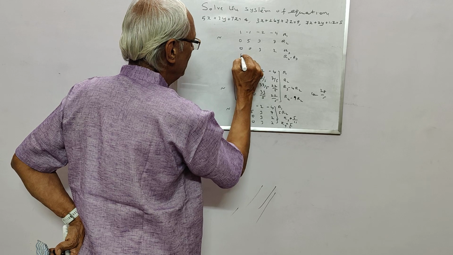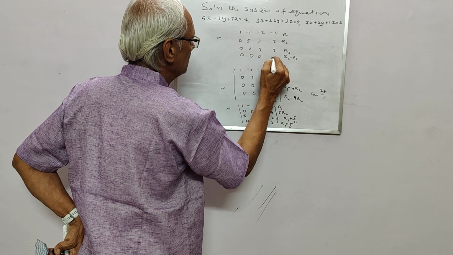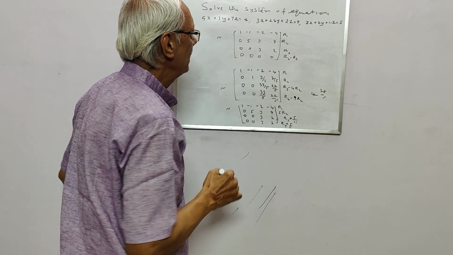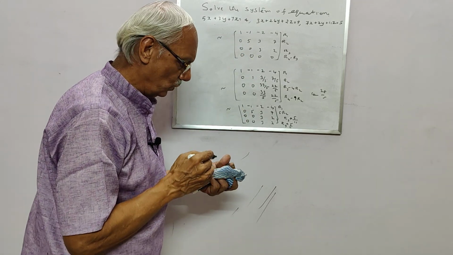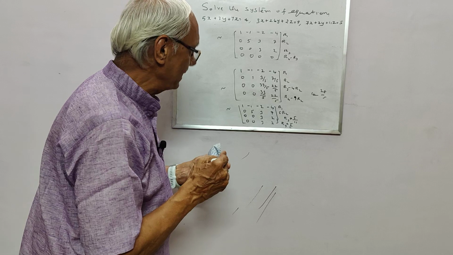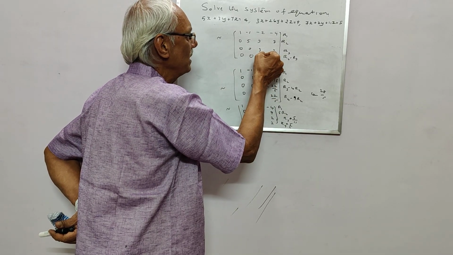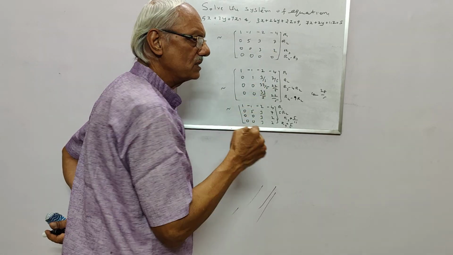R4 minus R3 will be 0, 0, 0. Now you see that this is what you get. And if you just try, you will find that it will not be easy to bring a 0 here. It is not possible.